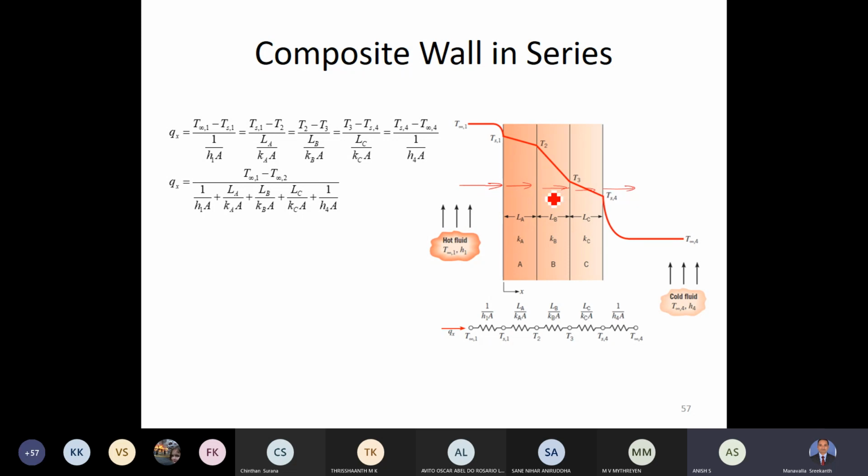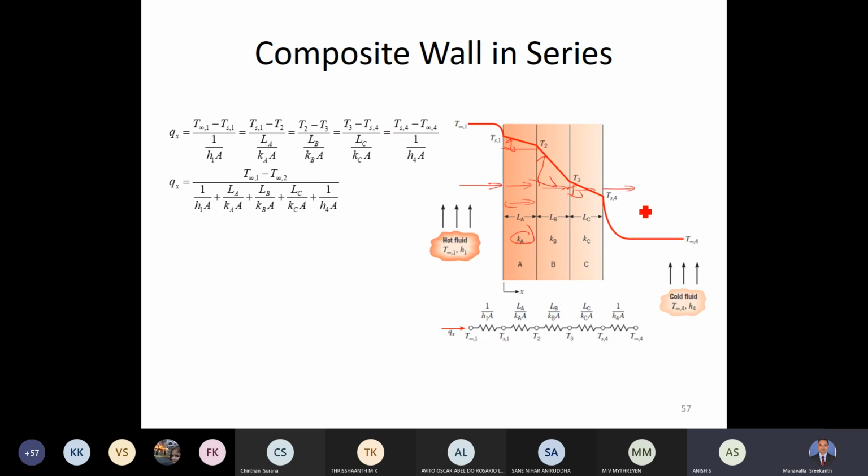So heat transfer remains the same, but the temperature drop, which is equivalent to the pressure drop in fluid flow, will be different. Here the temperature drop is low, here it is very high, and here again low. So depending on the thermal conductivity and the thickness, the temperature drop will change. Now keep that in mind.